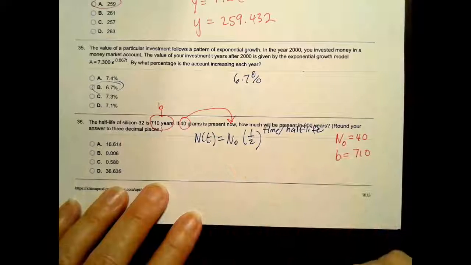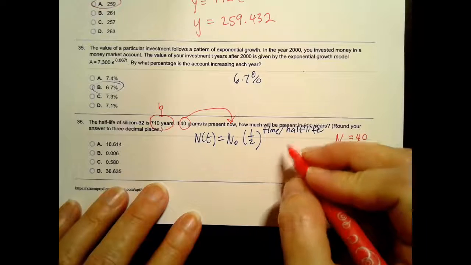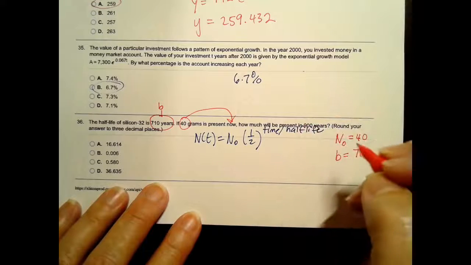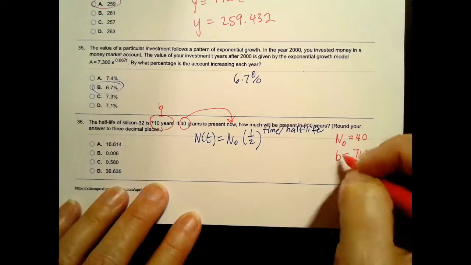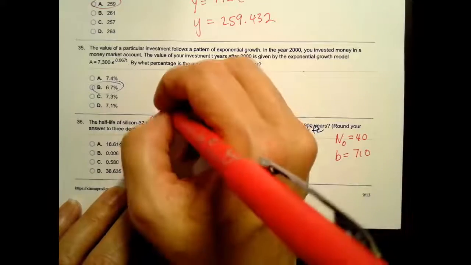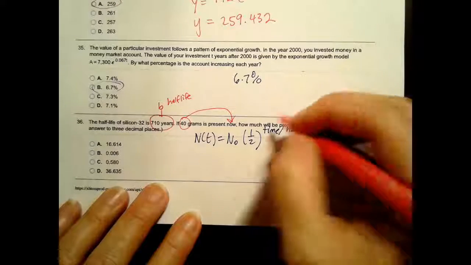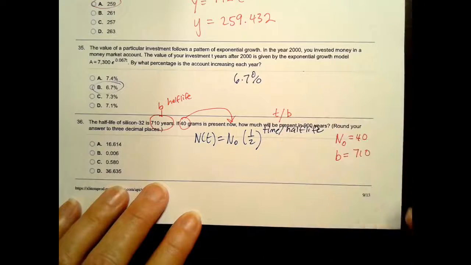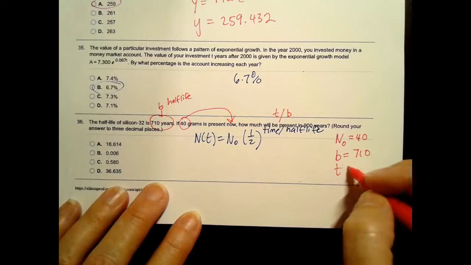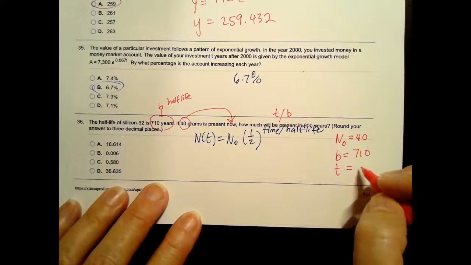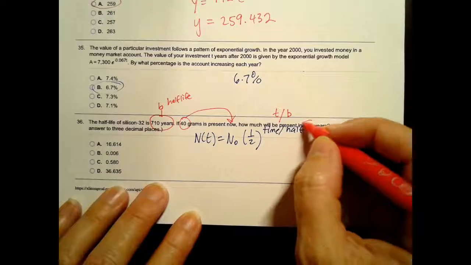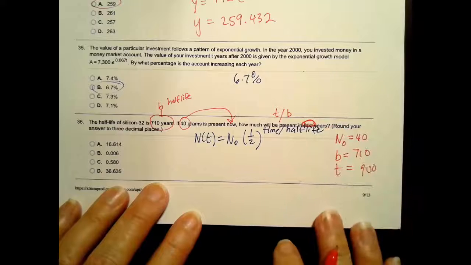The formula had a b and a t, but this is just your half-life right there. It had t divided by b. And then my time, they already told me my time. My time was 900 years. He says how many will be present in 900 years.